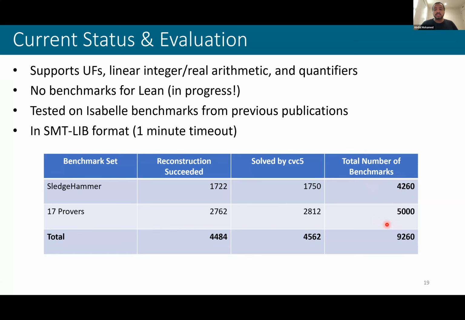We have about 5,000 benchmarks in each set. Then this is the number of benchmarks that were solved by CVC5, and this is the number that were reconstructed by the tactic, so basically where we get the Lean proof from the original SMT benchmark. And as you can see, we succeed in more than 90% of the benchmarks.